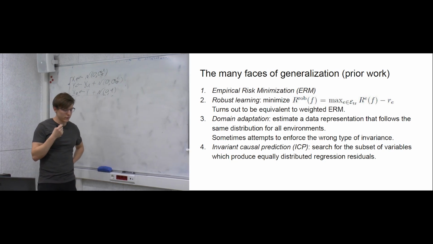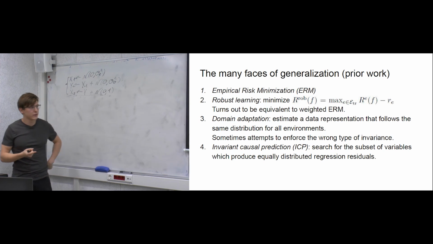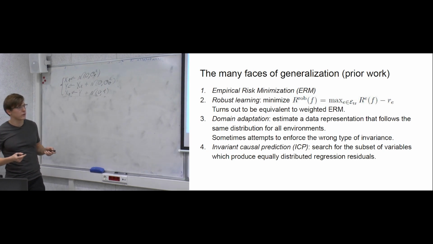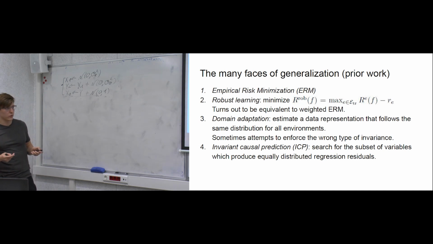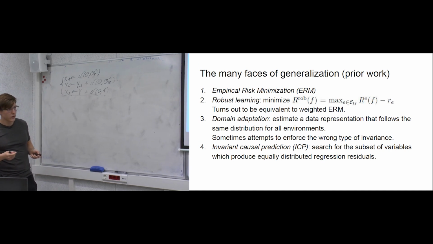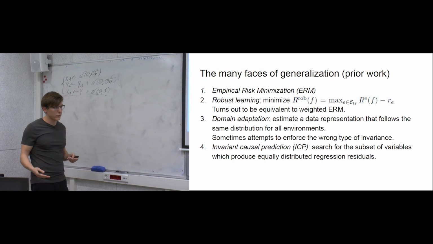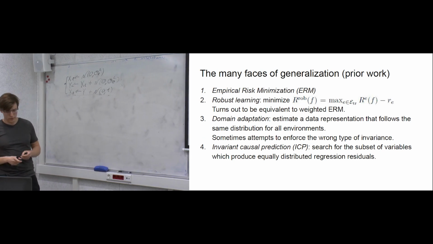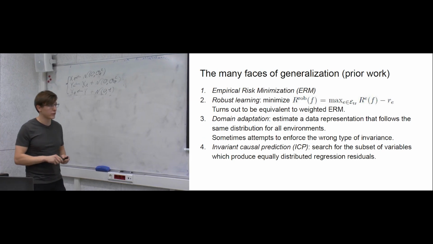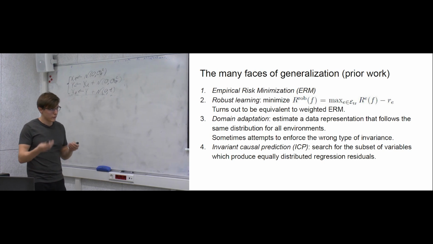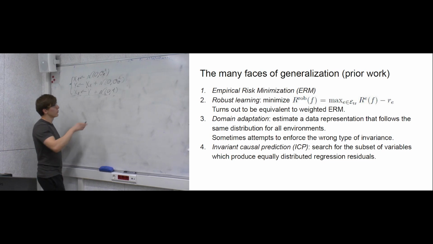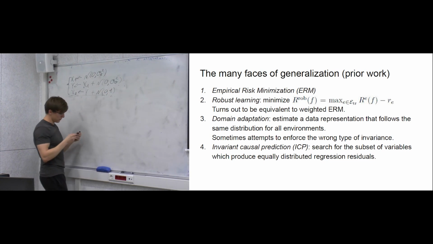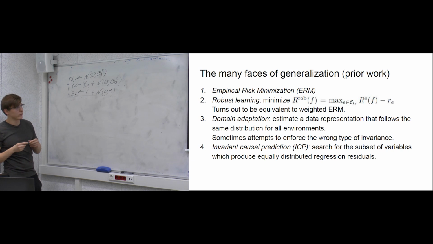For the first one, it's always assuming linear regression. The second one, it searches for a subset of variables, and searching for a subset of variables in high-dimensional tasks is absolutely infeasible. And the third point, it also doesn't work for us because we have varying noise from environment to environment.